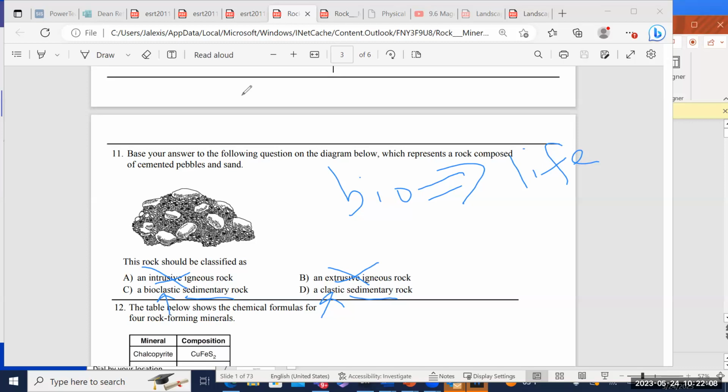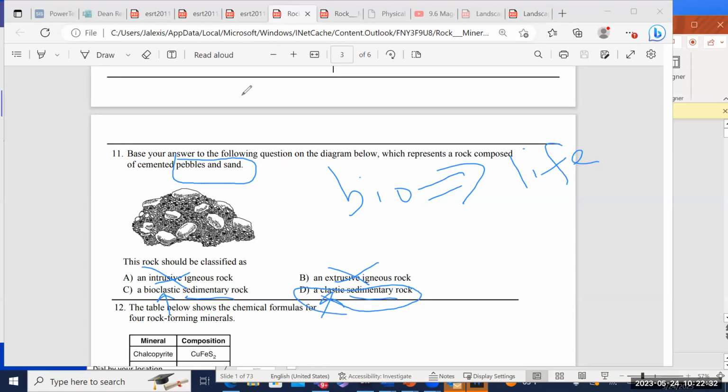They tell us the only thing in this rock is pebbles and sand. It doesn't have any organic material. If it's non-bioclastic, then it's going to be a clastic sedimentary rock.